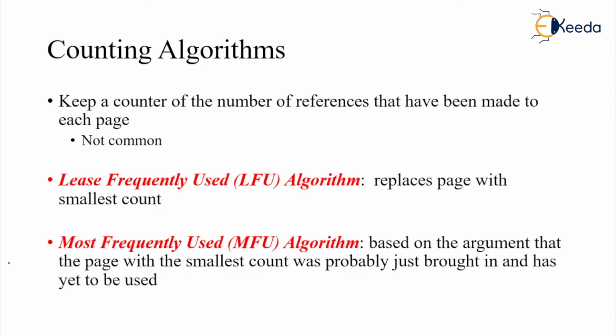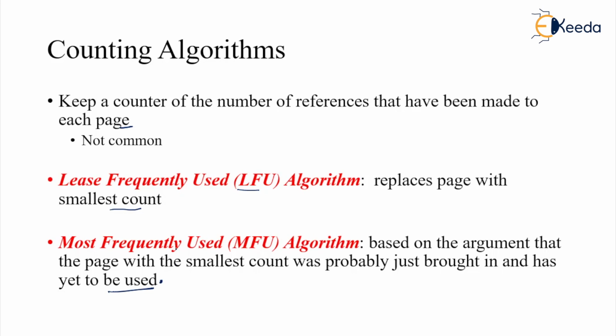The last thing is your counting algorithm, where we keep a counter on the number of references that have been made to each page. It is not very common to use, but we are maintaining a counter for each page. The least frequently used, LFU, algorithm replaces the page with the smallest count, and the most frequently used algorithm is based on the argument that the page with the smallest count was possibly just brought in and has yet to be used.